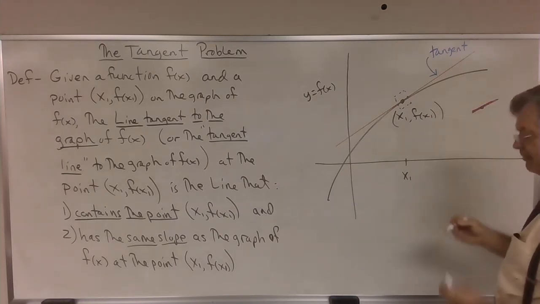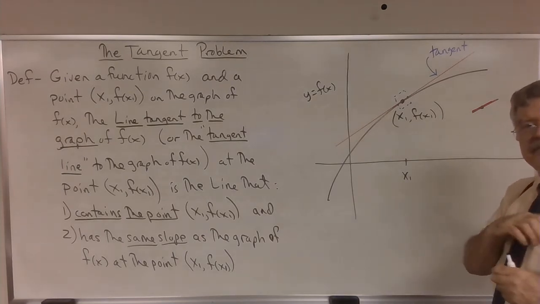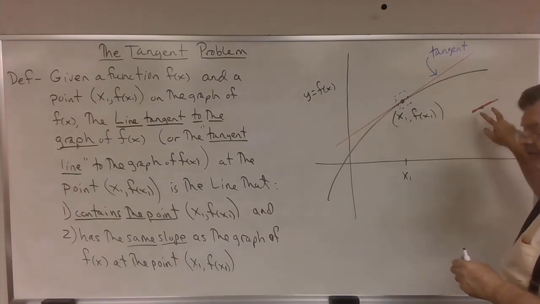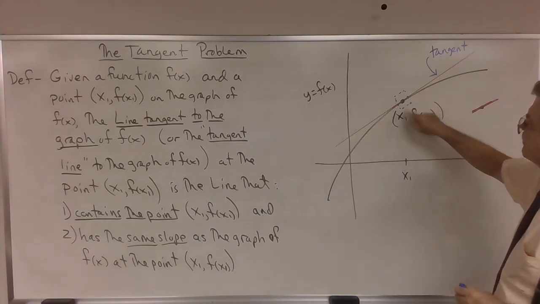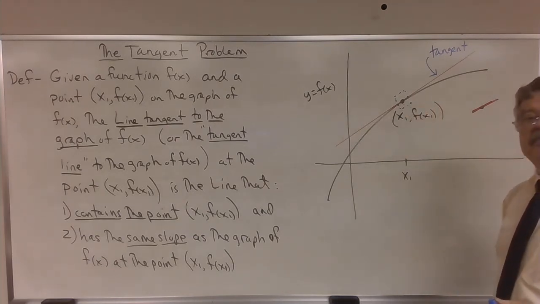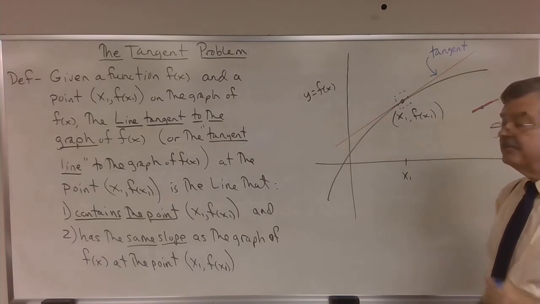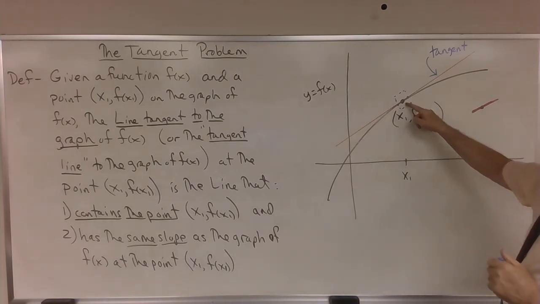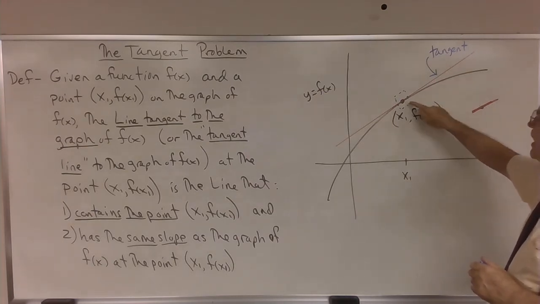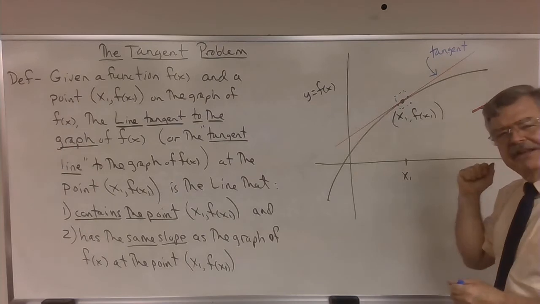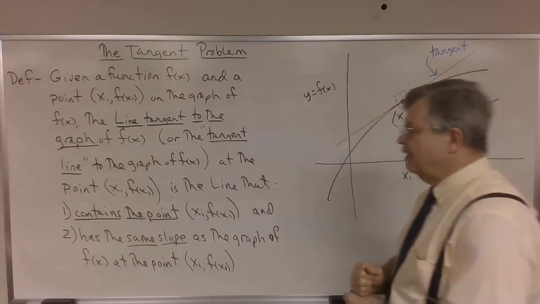And they'd pretty much be one and the same thing. Same line, same slope. So right at this point, the point that I'll call the point of tangency, the line tangent to the graph, or the tangent line to the graph, and the graph itself have exactly the same slope.